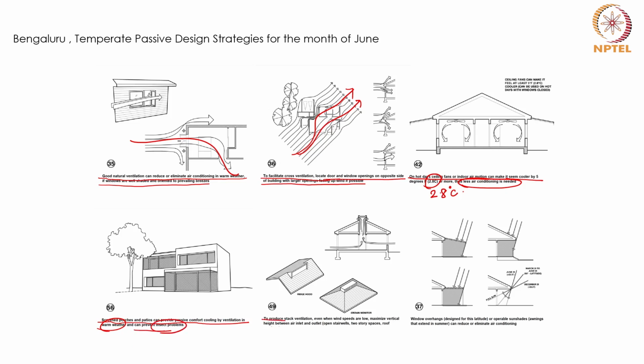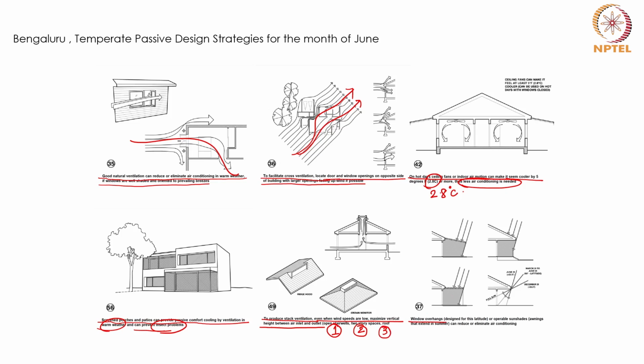In order to produce stack ventilation, even when wind speeds are low, we can maximize vertical height between air inlet and outlet by using stairwells, two-story spaces or double-storied height, differential roofs, attics, mezzanine floors, etc.